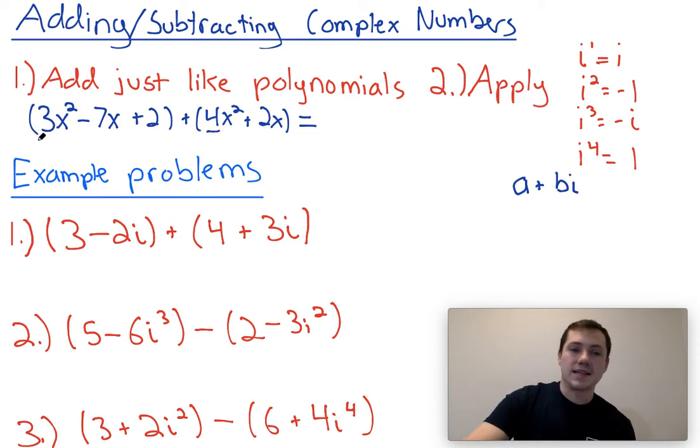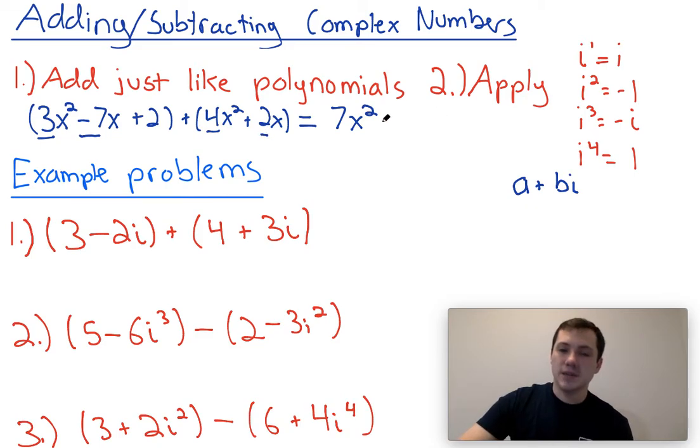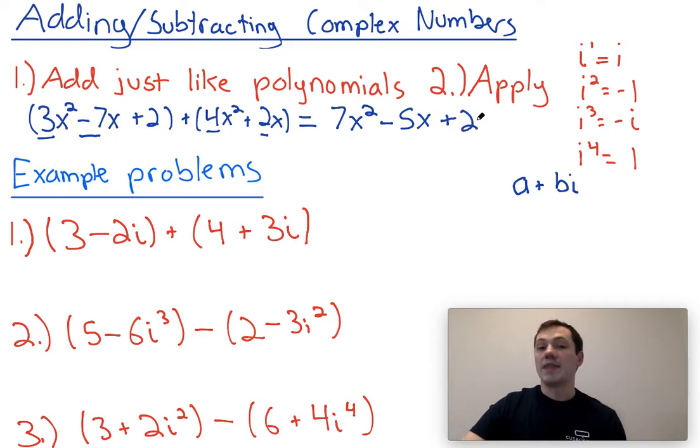By adding these coefficients, the 3 and the 4, you would end up with 7x squared. You would also add the -7x and the 2x, which would give you -5x. And since the 2 stands alone, it's going to add to nothing, so it's just going to be plus 2. That's how you add polynomials. You're going to do the exact same thing with these complex numbers.